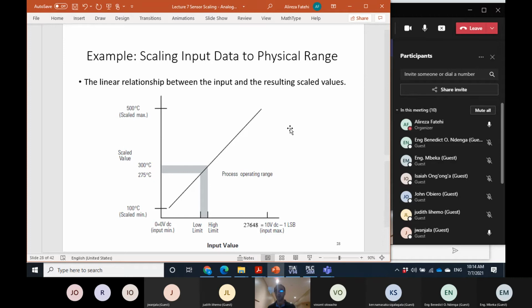But Siemens also has a special advanced function just for scaling. I mentioned that some of the math functions are basic, some of them are advanced.